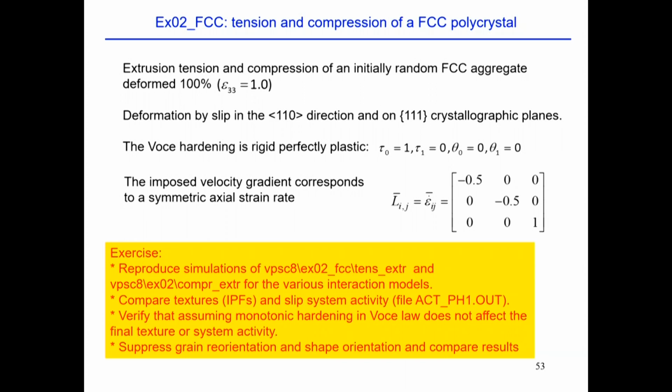If you change the hardening law, you will see that it doesn't change the texture that you get or the system activity. It only changes the stress-strain curve, because we are enforcing the same gamma dots in each system, so it doesn't matter how hard it is.